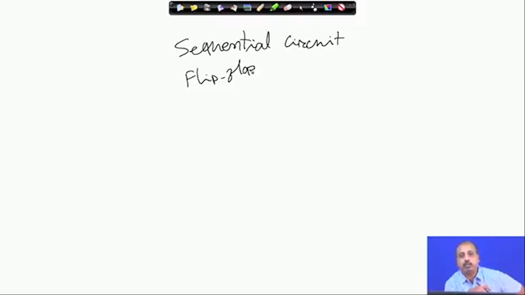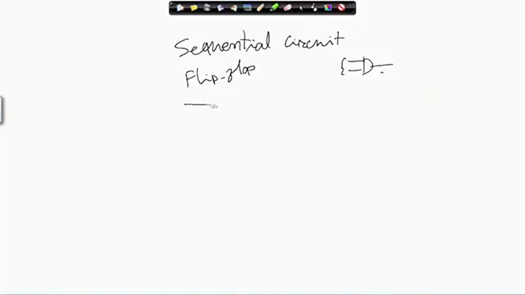Like in the case of an AND gate, whatever the current input is, based on that it gives the output. It does not remember anything about the past output of the AND gate, but sometimes we need to remember information about the previous state of the circuit. That can be done by means of another class of circuit called a flip flop.